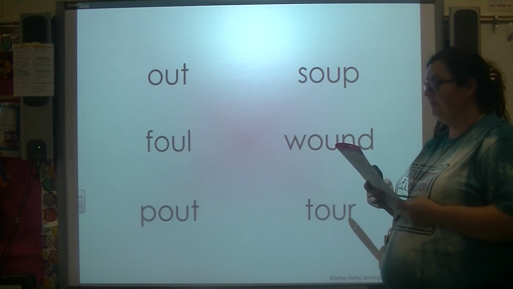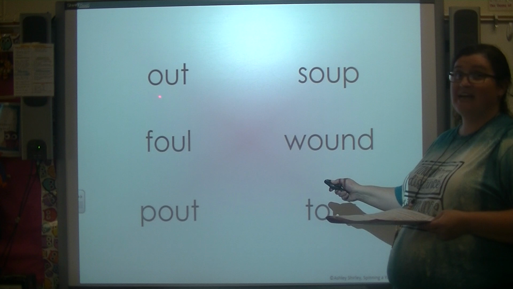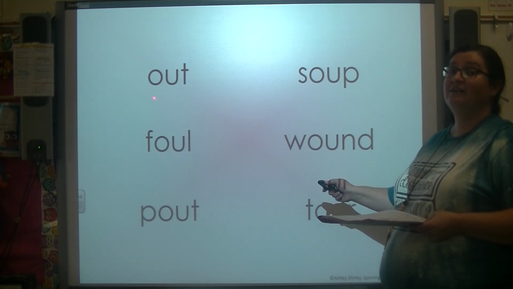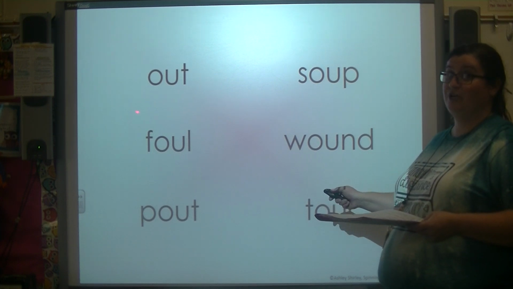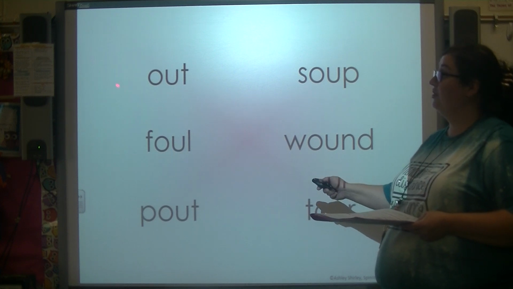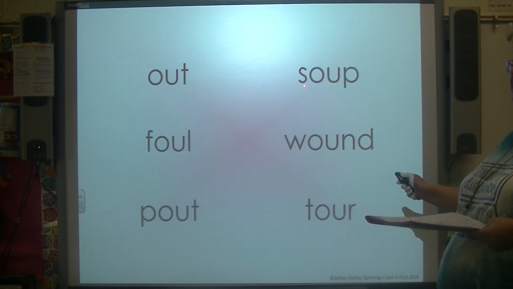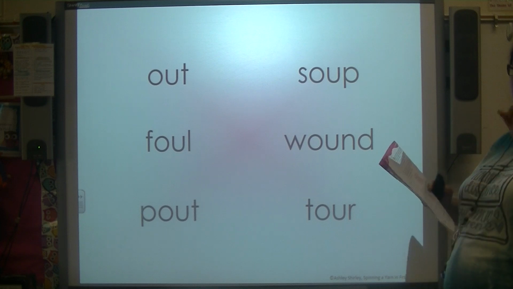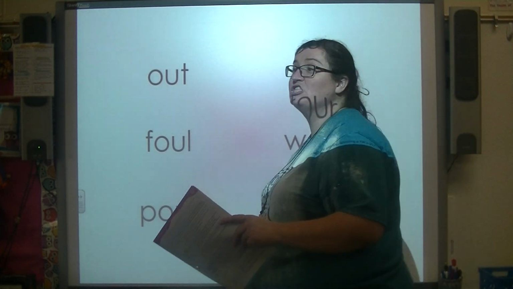Okay, now, here we will code, if it's got the diphthong sound where you hear the two, we will code it with an arc. If it's got the digraph sound, the one, we underline it to know it has one sound. So let's look at it.